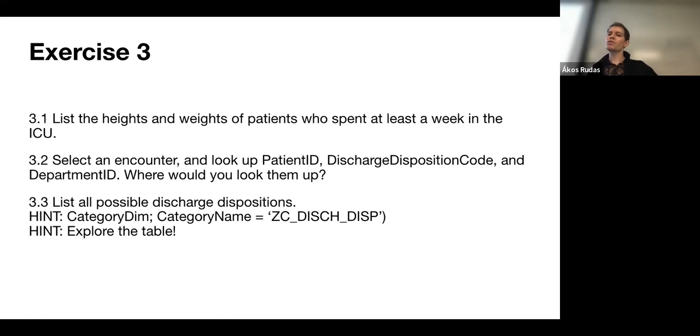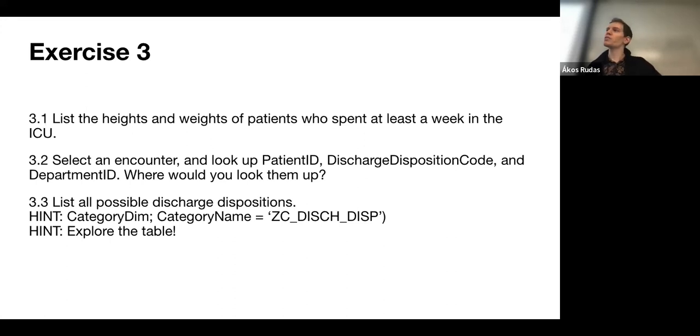And the same goes for the discharge disposition code, which is a code for how the patient was discharged from the visit, from the encounter. And the same goes for department ID. And let me tell you that the discharge disposition code will be the most difficult. So start with the patient ID and then the department ID.